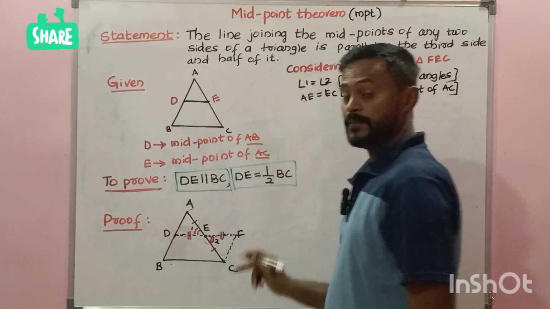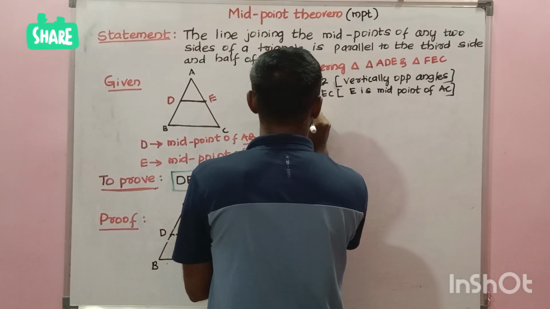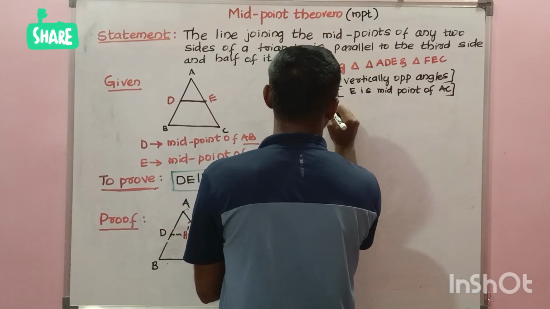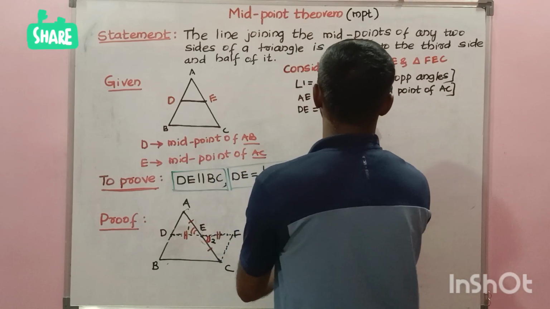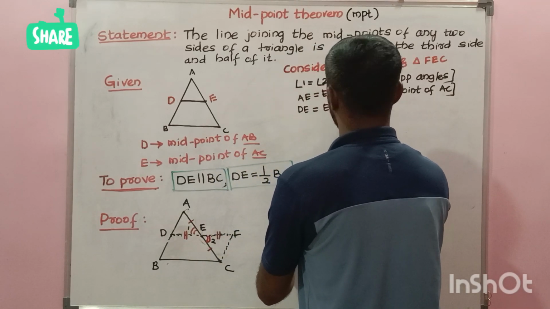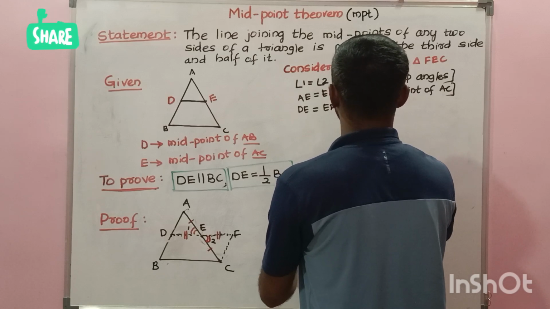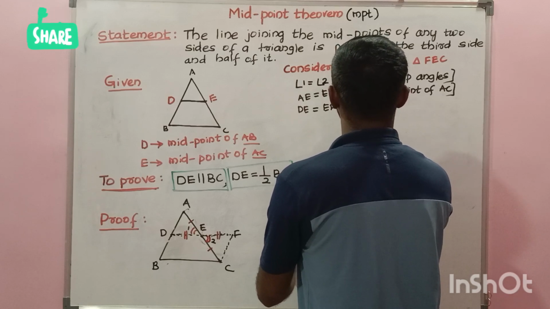Third, DE is equal to EF, because we have done this by construction.